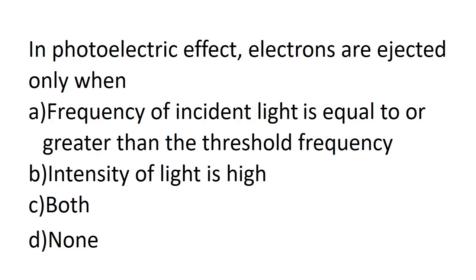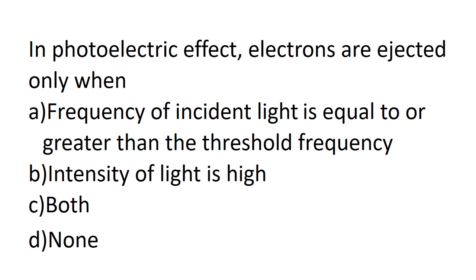Next one, in photoelectric effect, electrons are ejected only when, options are frequency of incident light is equal to or greater than the threshold frequency. Option B, intensity of light is high. Option C, both, and option D, none of the above.